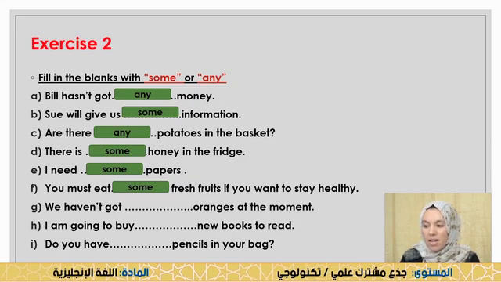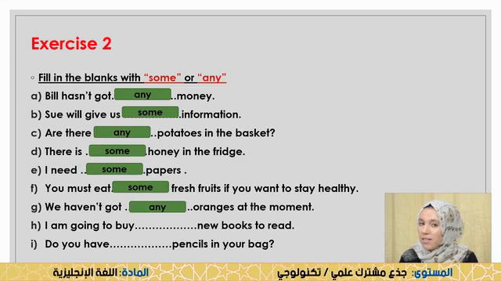We haven't got oranges at the moment. The sentence we're working with is a negative one because we've got haven't. So let's go with any, of course. We haven't got any oranges at the moment. Next, I am going to buy new books to read.